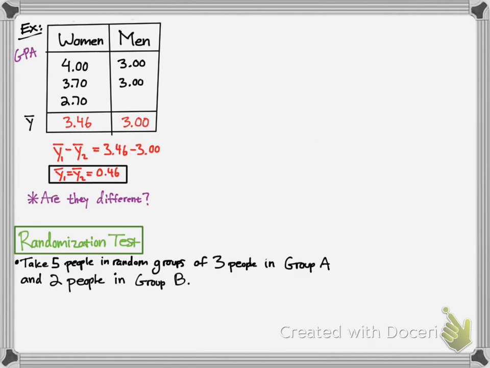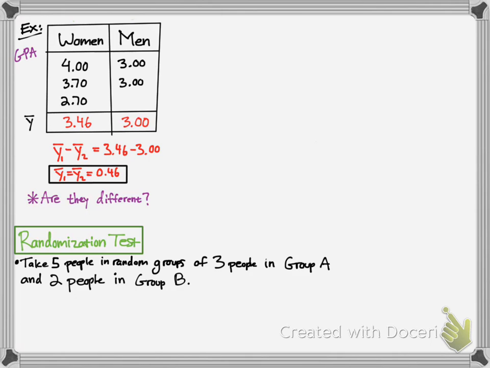So for randomization, we could take these 5 people and put them in a random group A of 3, and 2 people in random group B. To do that, we pick at random, so you could pick any one of these combinations. One of them could be a man and 2 of them could be women, or you can have 2 men and 1 woman.